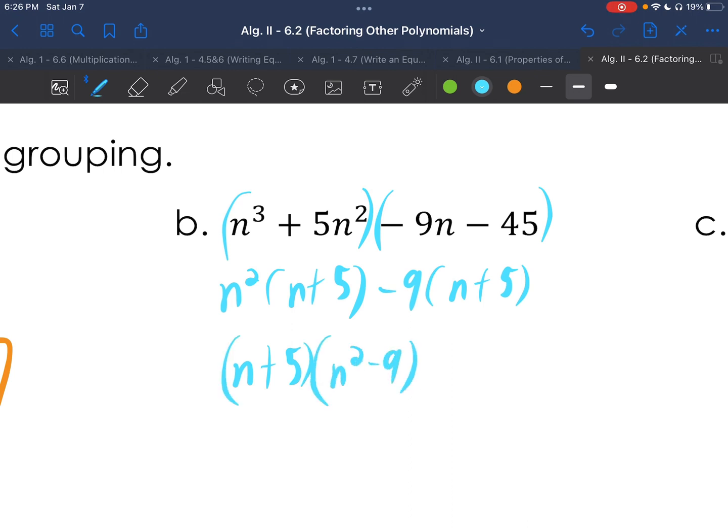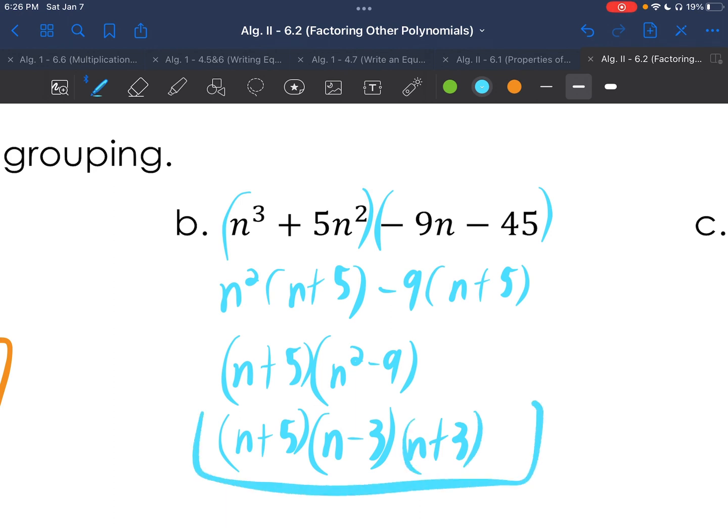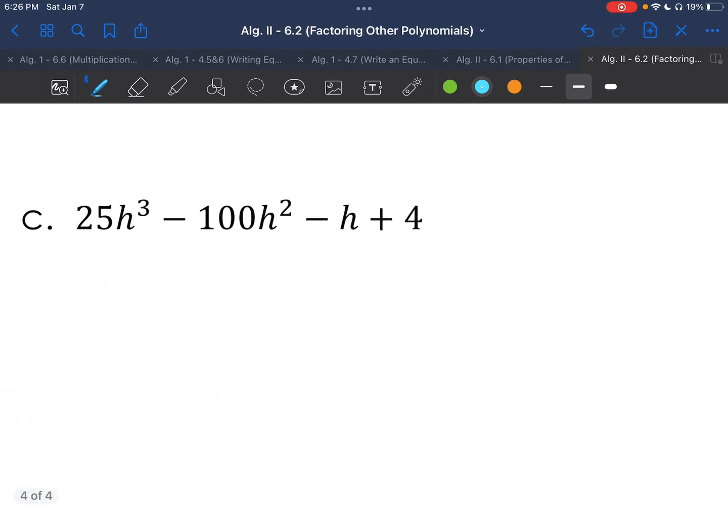And we can go farther because this one is a difference of 2 squares. So we do n plus 5, and then the square root of the first minus the square root of the second, n minus 3, and the square root of the first plus the square root of the second, really in either order, n plus 3. Now it's completely factored. So we move on to C.